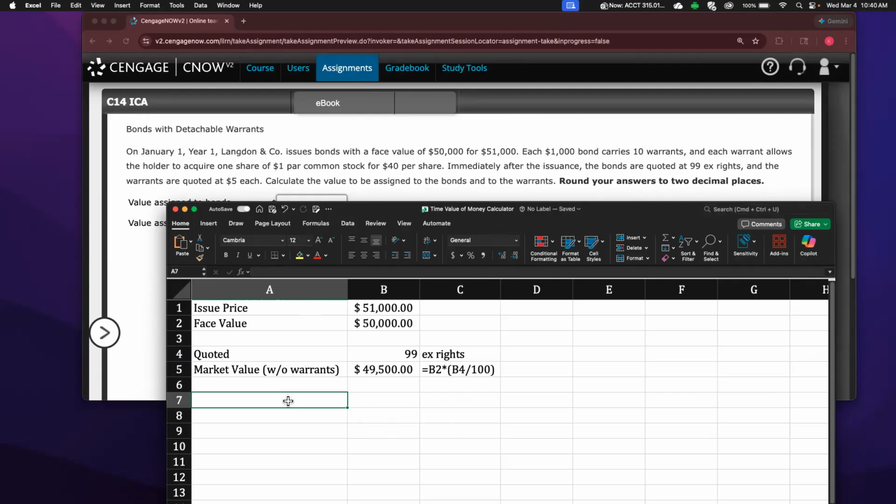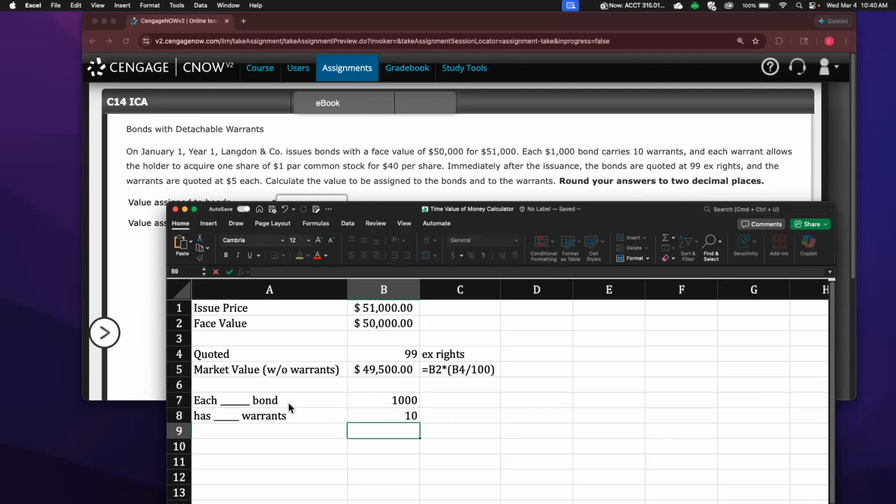I'll make a little word math: each $1,000 of bonds has 10 warrants. That way we could change those without having to rewrite the whole thing.